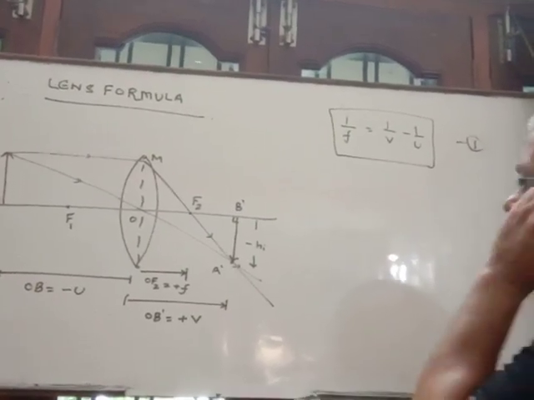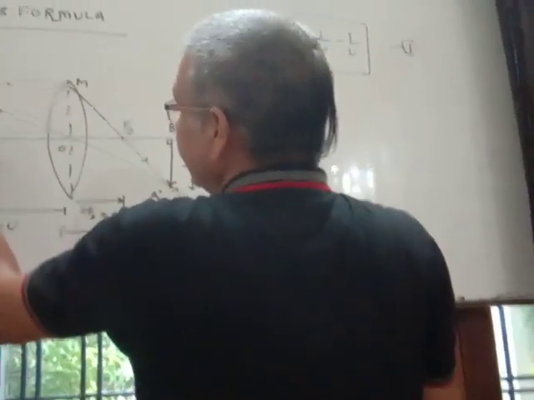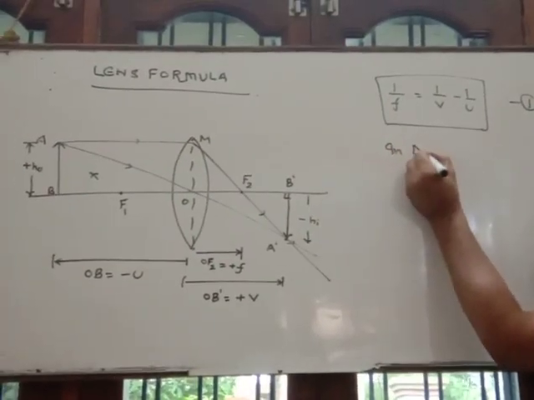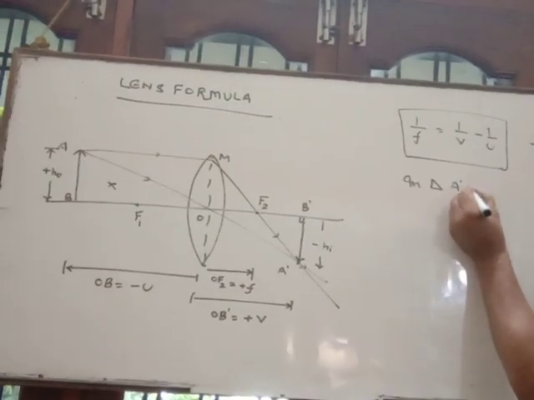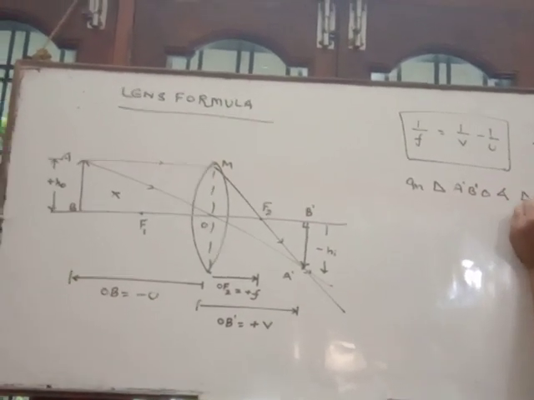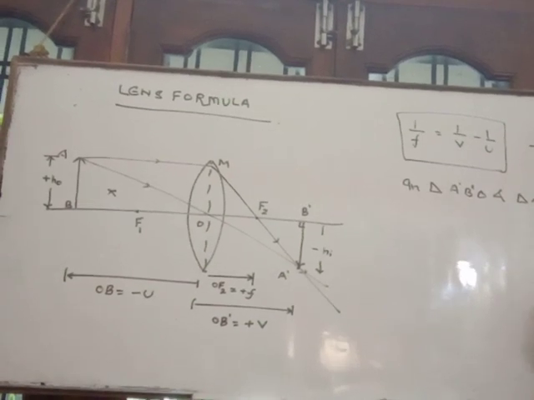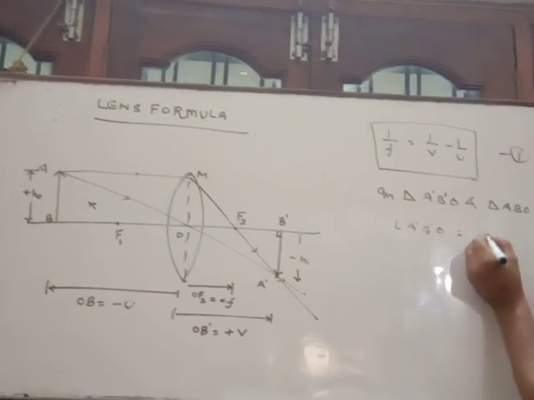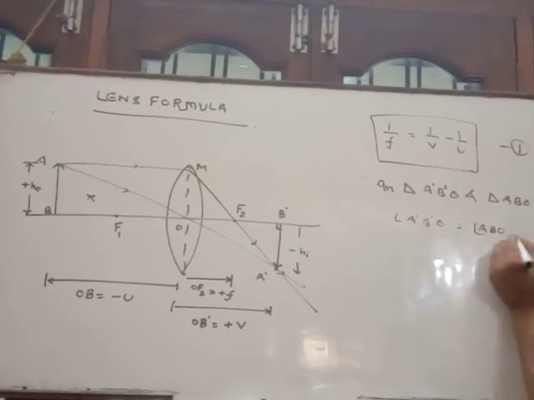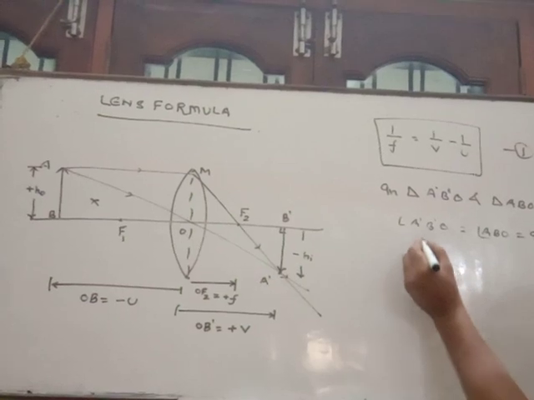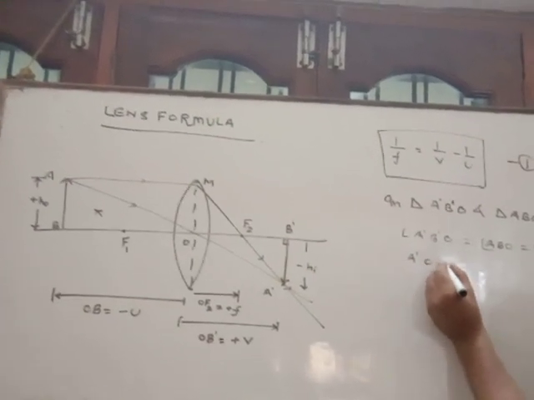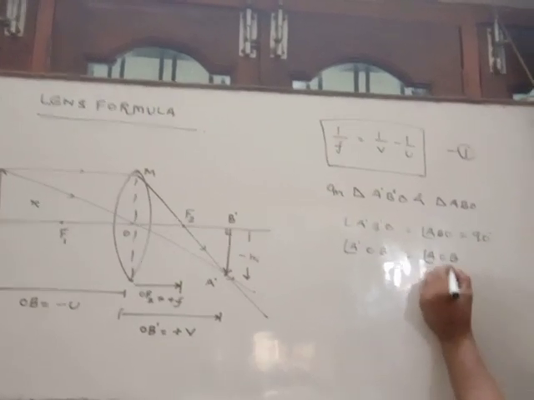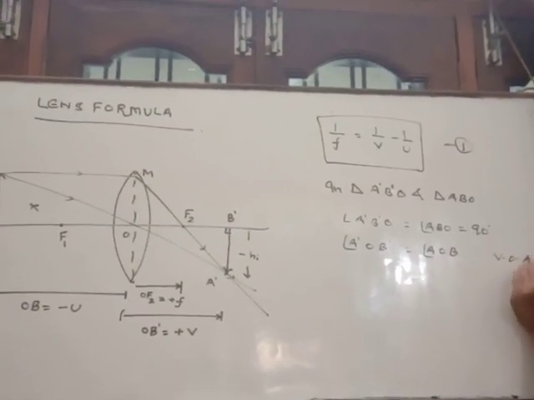Magnification. See here, for magnification, suppose we take the triangles A dash B dash O and ABO. In right angle triangle A dash B dash O and right angle triangle ABO, angle A dash B dash O is equal to angle ABO, both are 90 degrees, and angle A dash OB dash is equal to angle AOB, both are vertically opposite angles.